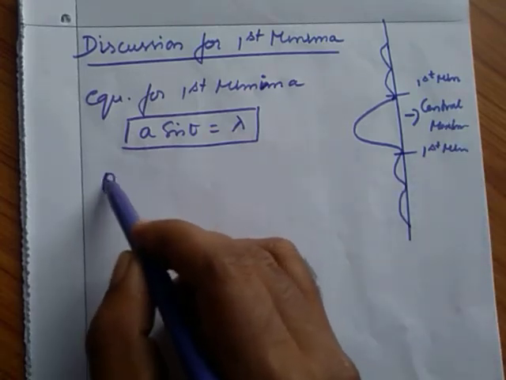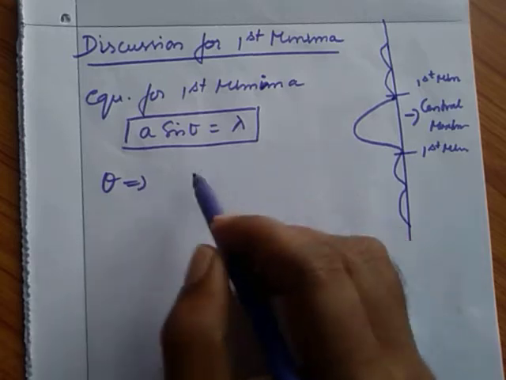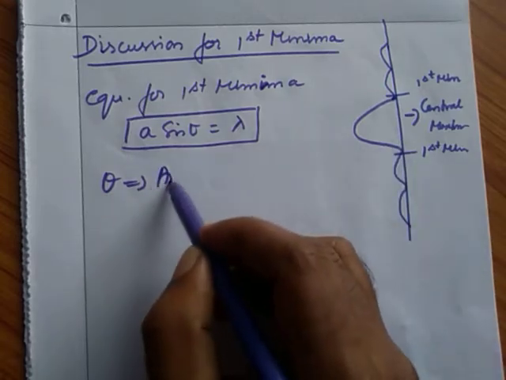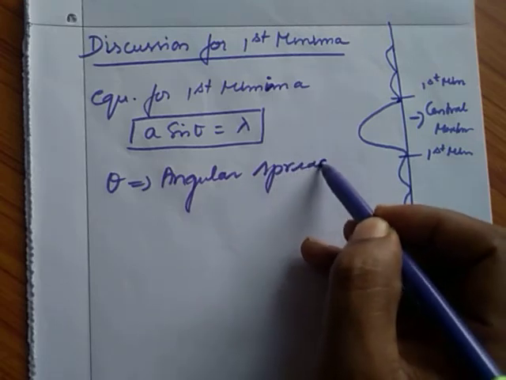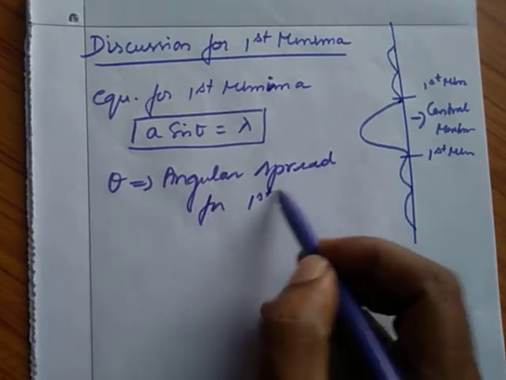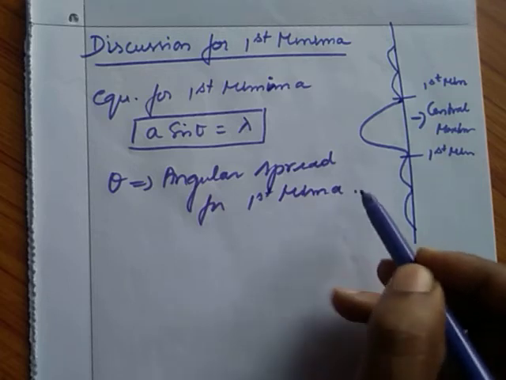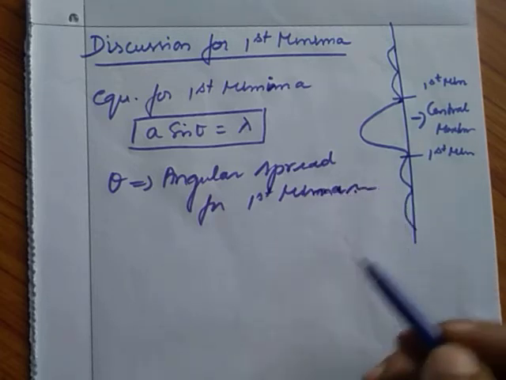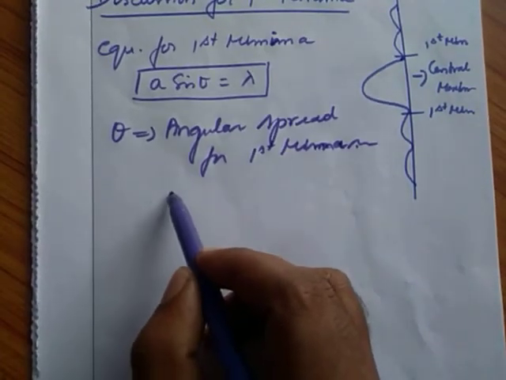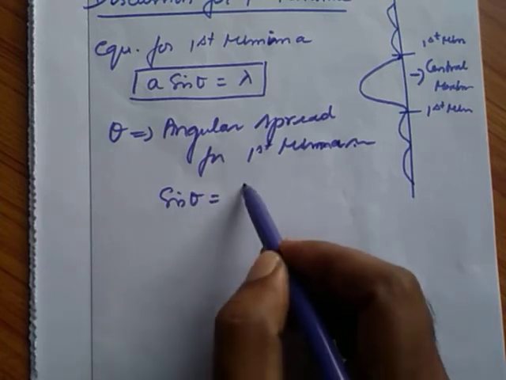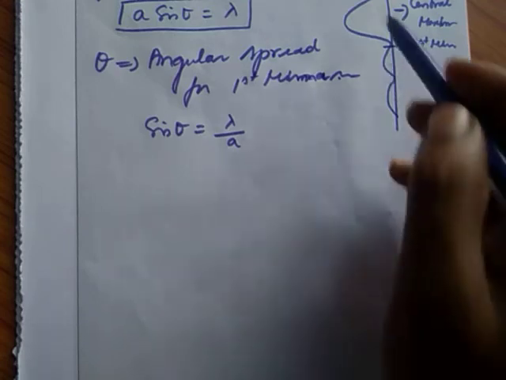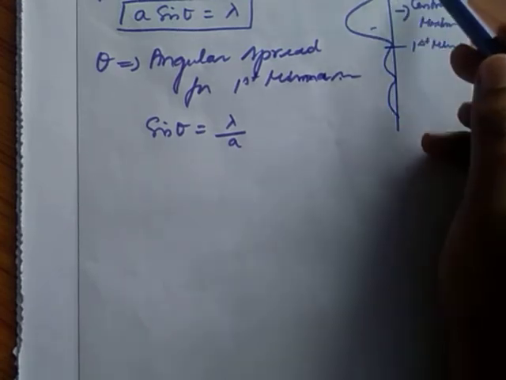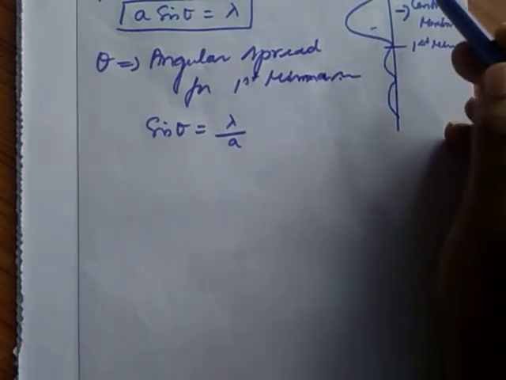Here theta is the angular spread of the first minima, up to which the first minima spreads. We can write this as sin theta is equal to lambda by a. The central maxima is intermediate between the first two minima.